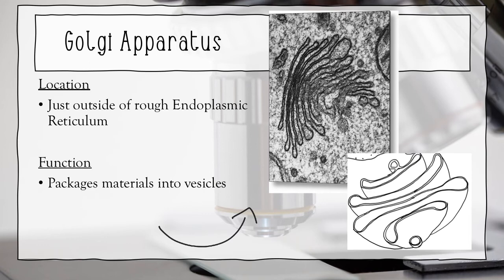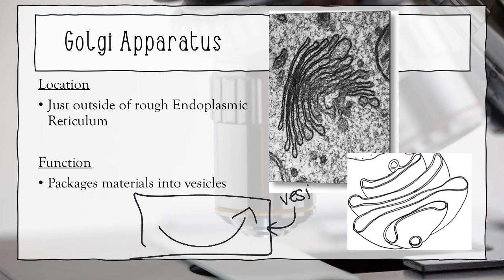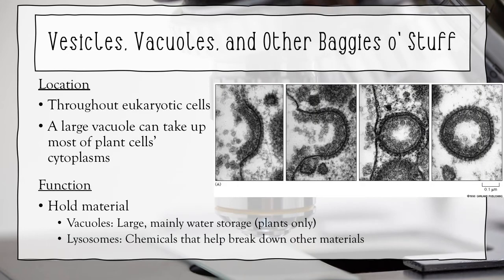Okay. And this is your packaging station at Amazon. It's taking everything, putting it into the box with the little smiley face, and that box is a vesicle. Okay. So we've got vesicles, vacuoles, and other baggies of stuff. These are your Amazon boxes. They come in different sizes, shapes.